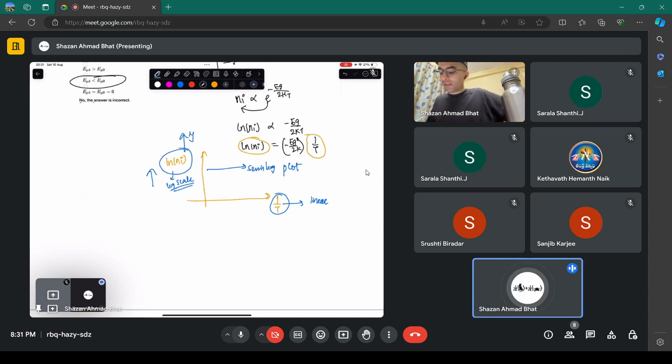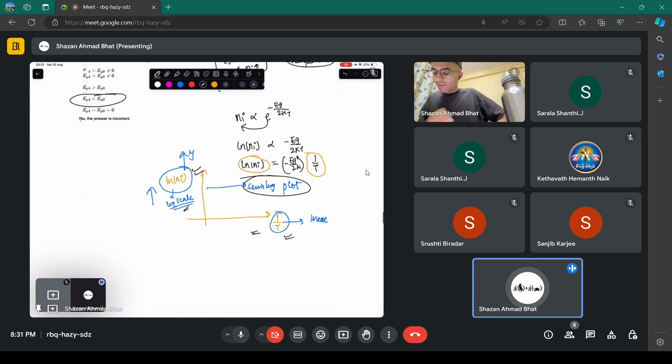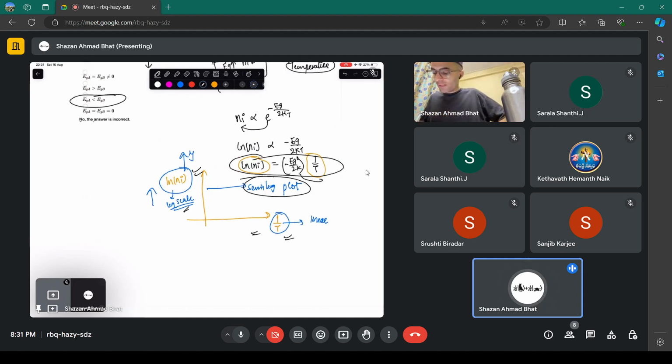Sometimes mathematically people get confused by this terminology, semi-log plots, where this axis is shown in log and this is in linear. Or sometimes this is in log and this is in linear. So you have to interchange it. And accordingly, you can apply the straight line equation to this. You find this is the slope, this is the x-axis, this is the y-axis. And you can write that Ni is inversely proportional to rho.